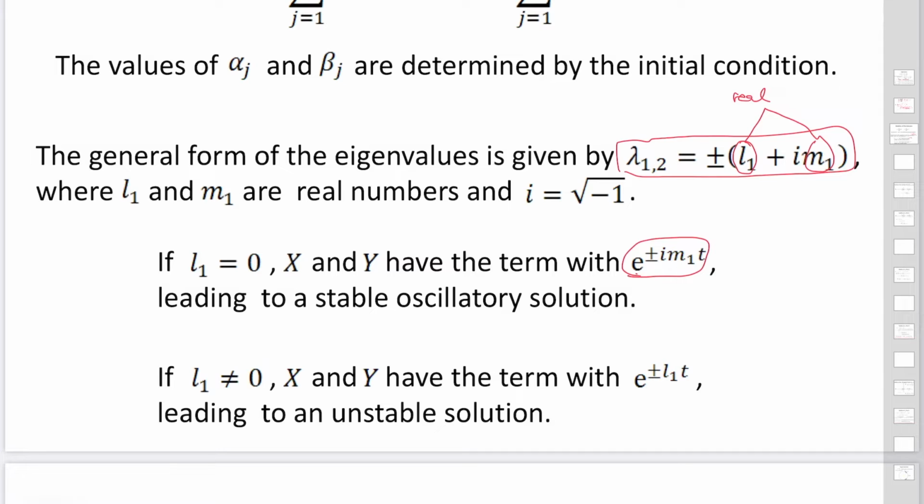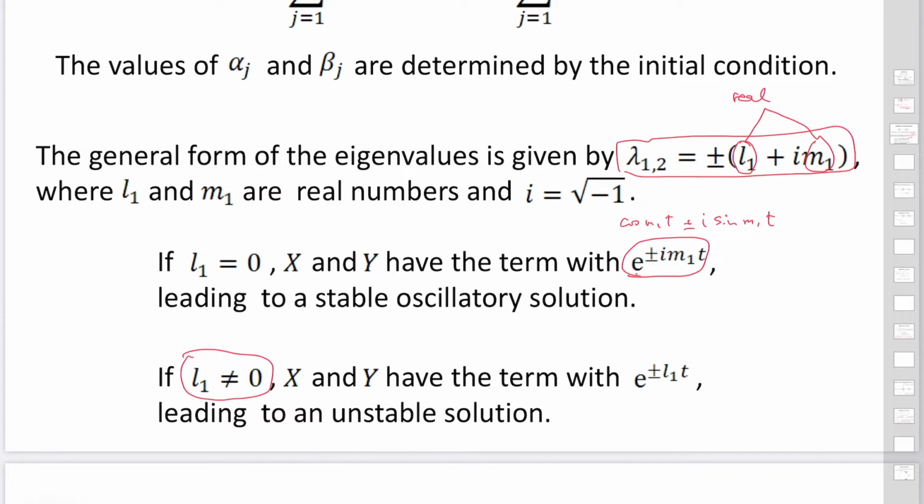This corresponds to cosine m sub 1 t plus i sine plus or minus m sub 1 t. So these are oscillational terms, meaning this point becomes a stable equilibrium point.